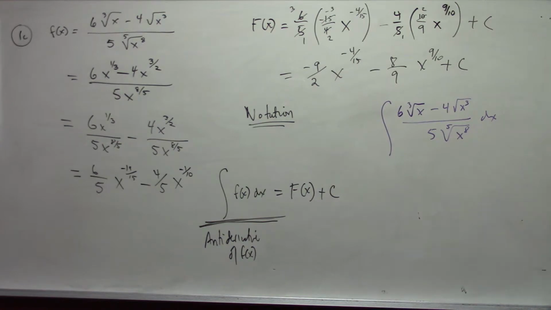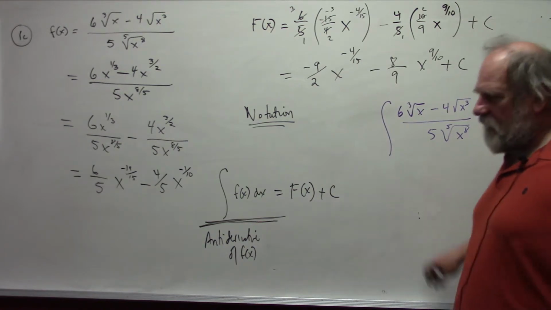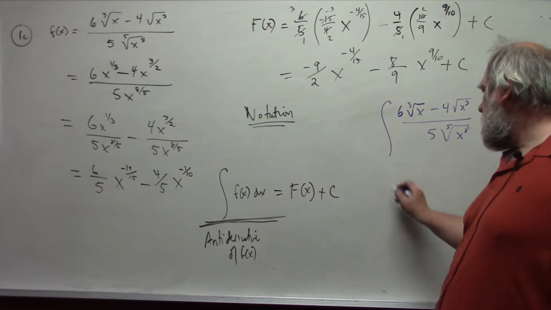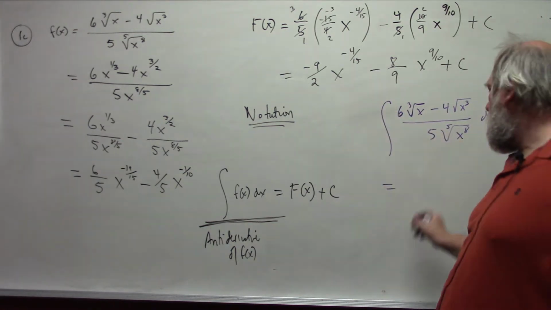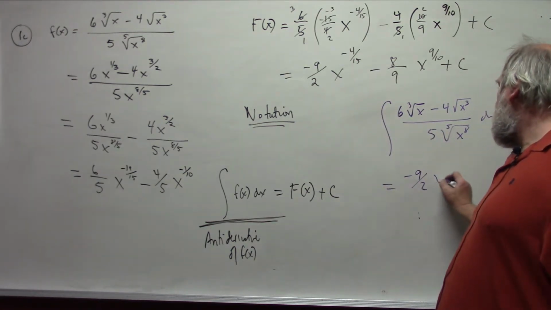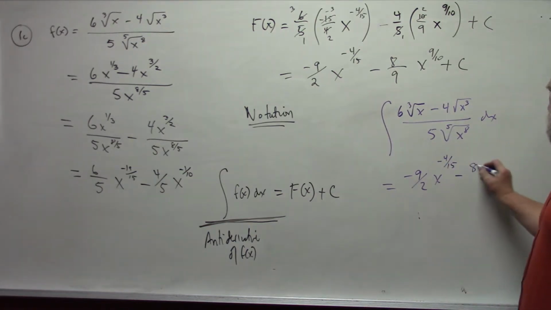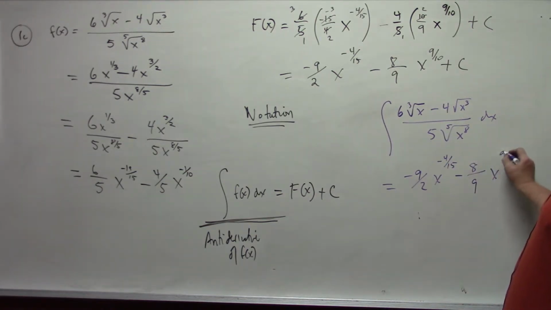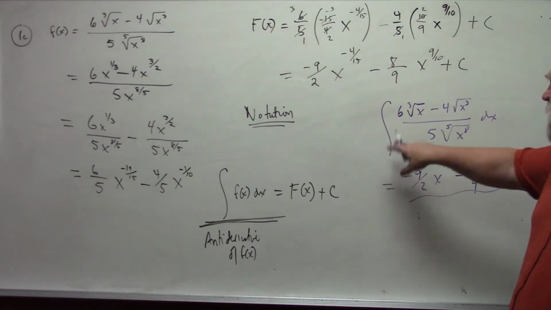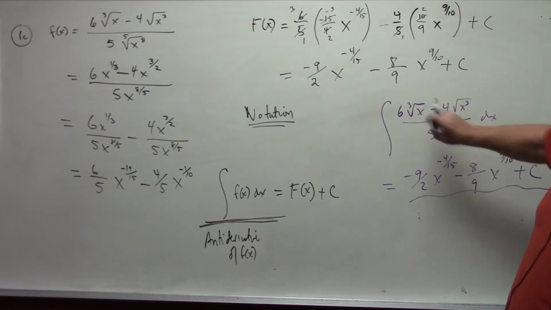We'll just throw that in at the moment. It has a meaning, but don't worry about it for right now. This is equal to, based on what we found, negative 9 halves x to the negative 4 fifteenths minus 8 ninths x to the 9 tenths plus c. So rather than writing little f of x and capital F of x, this means find the antiderivative of that function.